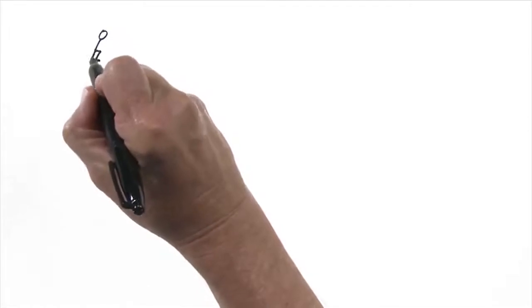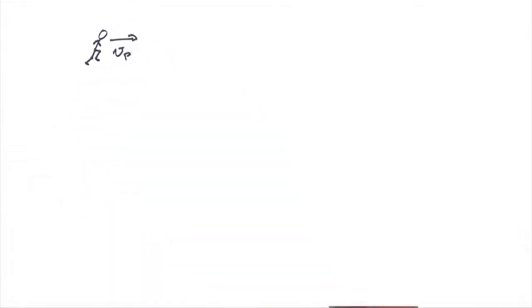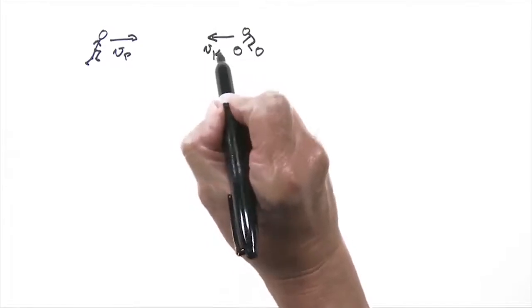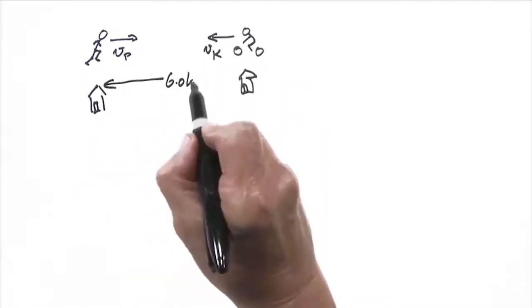A question for you. Peter leaves home and walks east at a constant 5.0 kilometres per hour. At the moment he leaves, his friend Kate, who lives 6.0 kilometres directly east, leaves her home. She heads west, bicycling at 9.0 kilometres per hour, also constant.